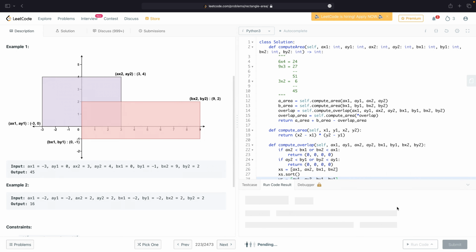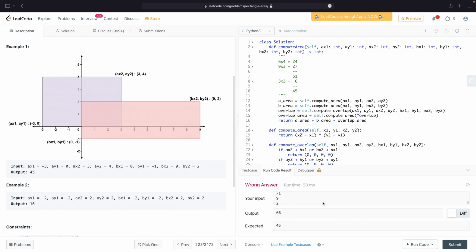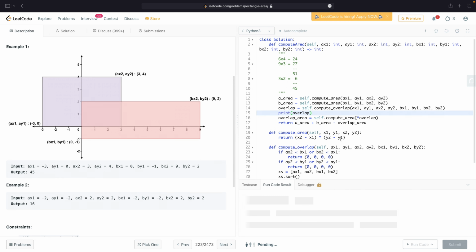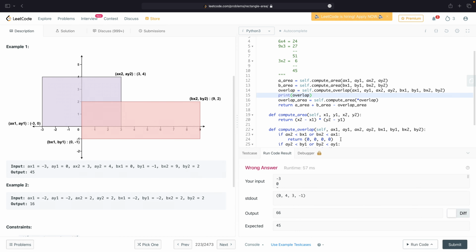So let's see if this works. It did not work. Why did that not work? I got a 66. Hang on. Print overlap for me. I said from 0.